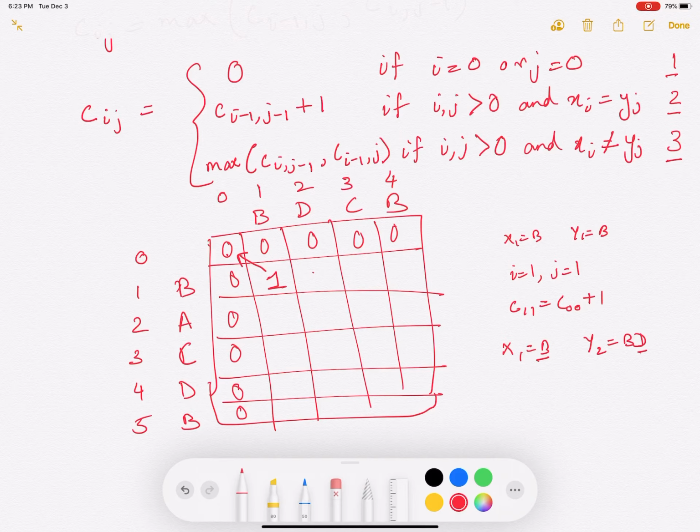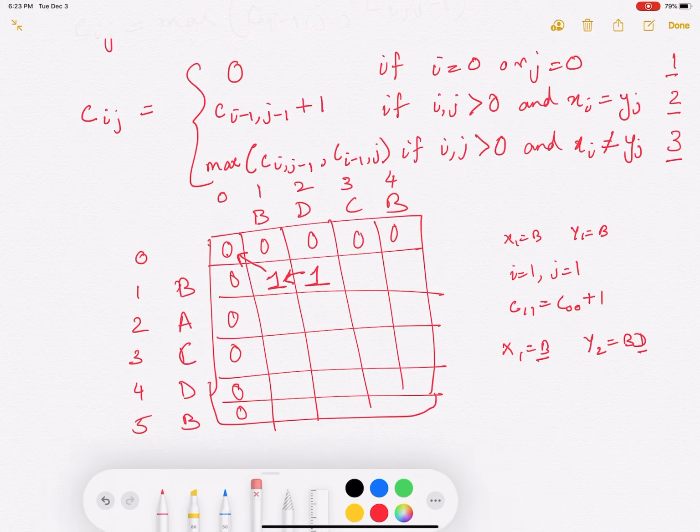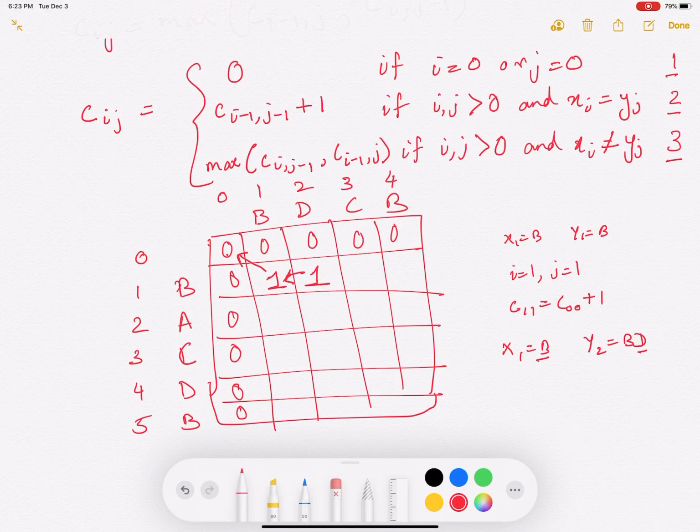Therefore, we look at these two boxes and take the max, which is max of 1 and 0, which is 1. So you put a 1 out here and put an arrow here. Okay, so we put a 1 there.